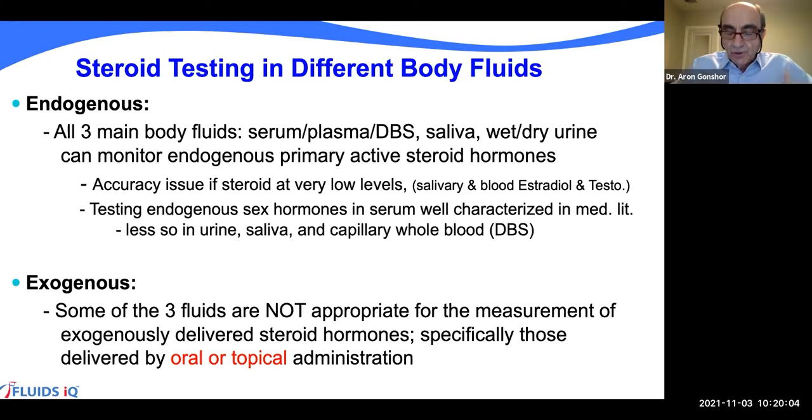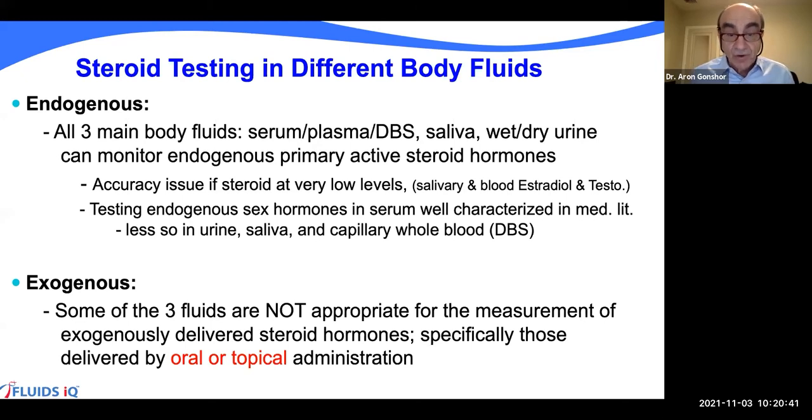That's what is produced by the body itself. And we know that accuracy can be an issue because some of these steroids are at very low levels. So that is going to tell you what type of modality you should be using depending on what you're trying to find. Some of the sex hormones come in very, very small measurements, very, very low levels, and you need to know that you have a platform that can pick up those low levels in an accurate and predictable way.